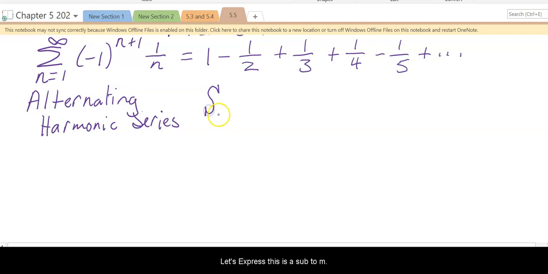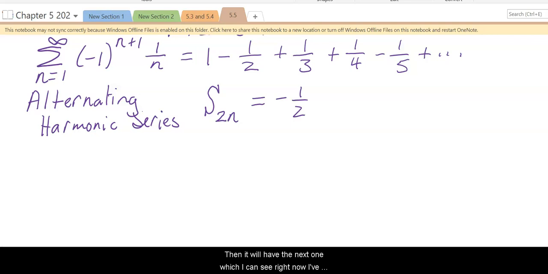Let's express this as S sub 2n. 2n is guaranteed that the subscript will be an even number, since multiplying by 2 makes all numbers even. S sub 2n will start with the second term, -1/2. Then it will have the next one, which I can see right now I've got an error in my signs.